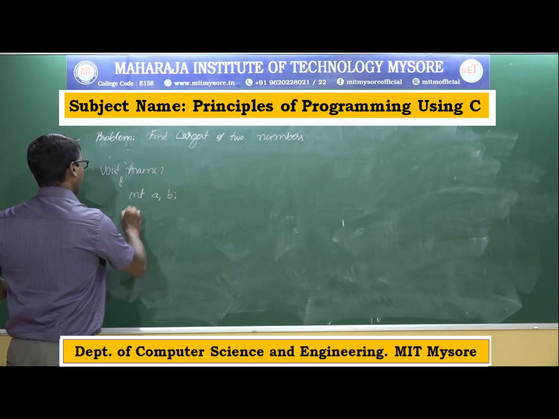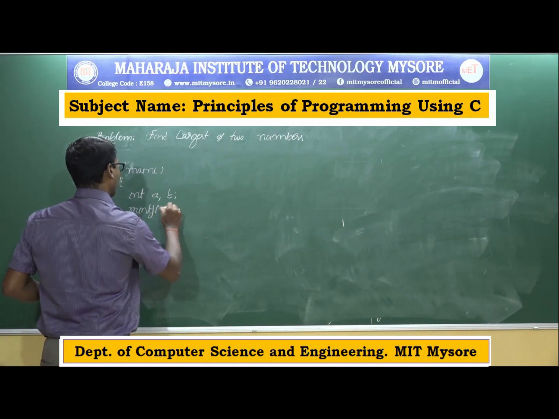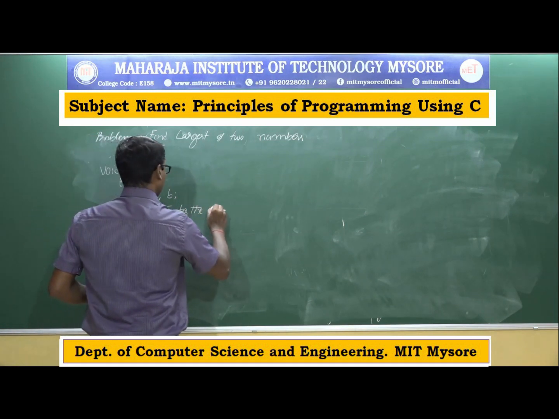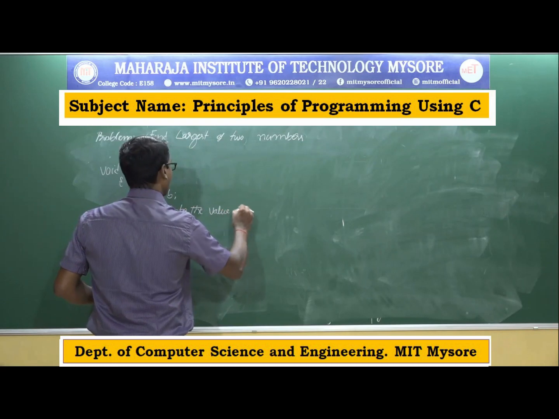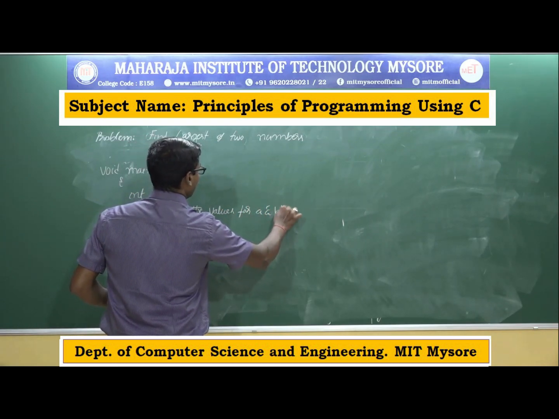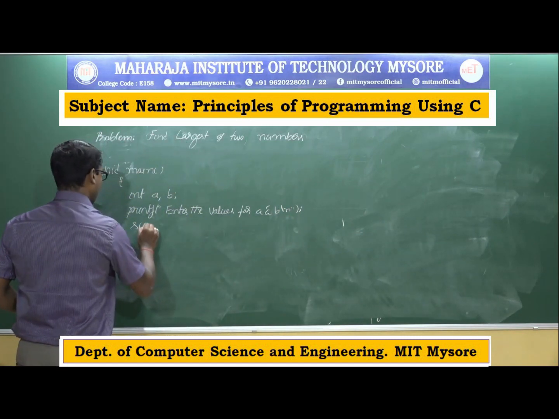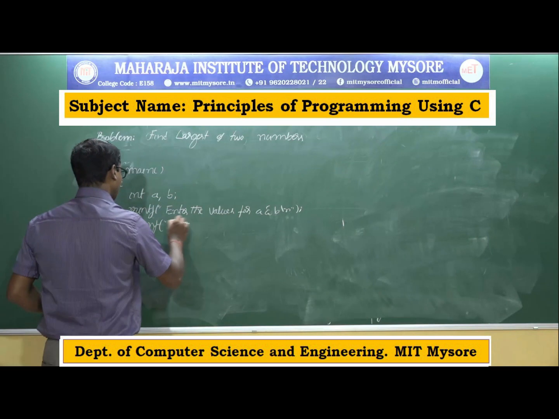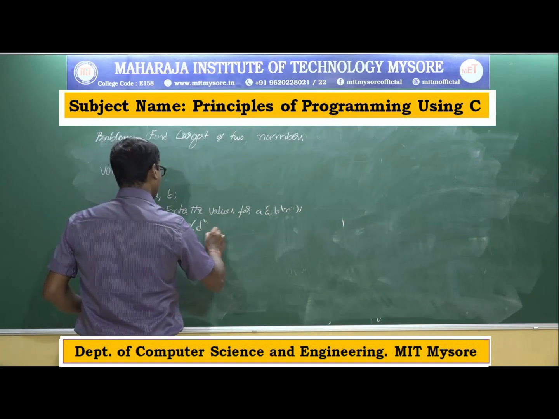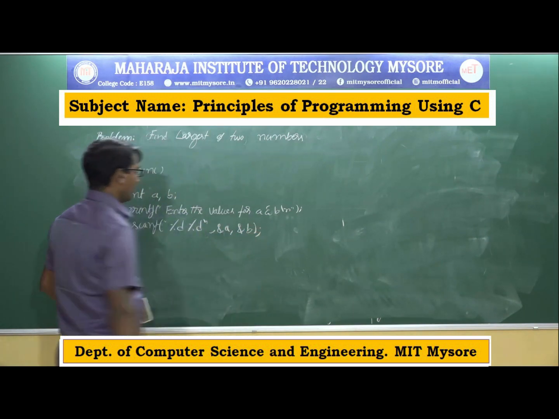So printf, enter the values for A and B, then scanf %d, address of A and address of B.